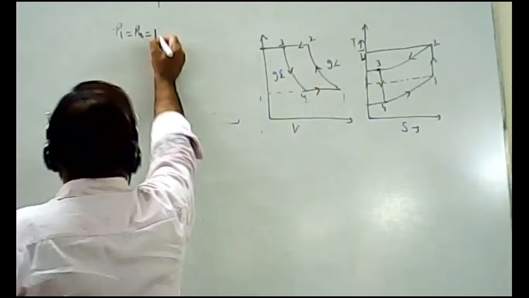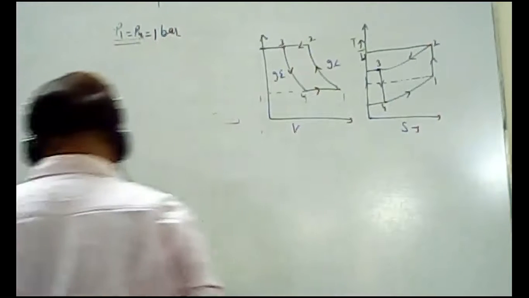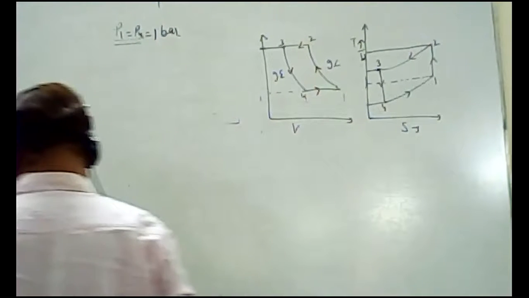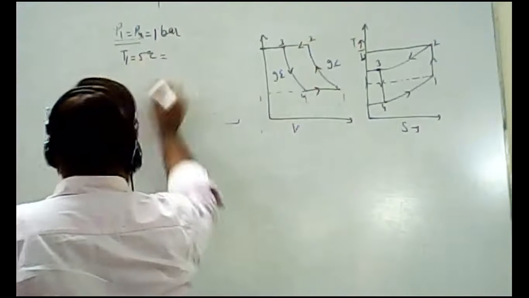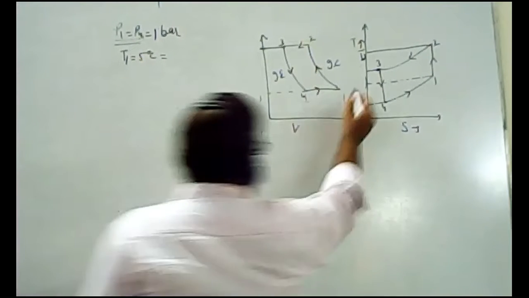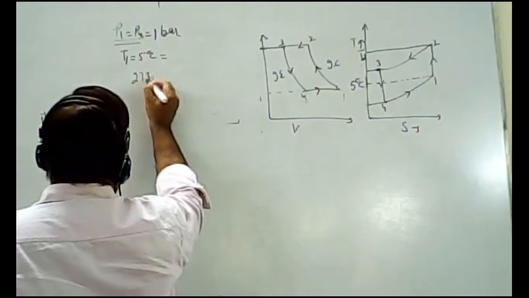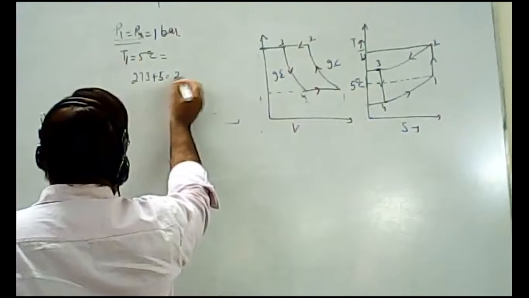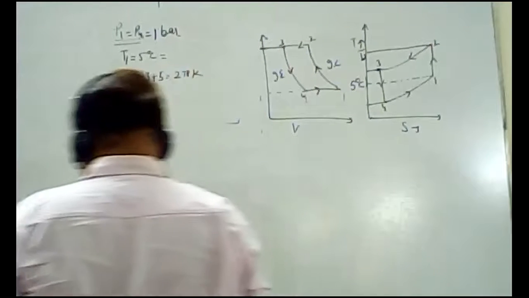How much pressure is given? 1 bar. P1 and P4 both are the same, equal to 1 bar. And temperature T1 is also given, 5 degrees centigrade, converted to Kelvin.